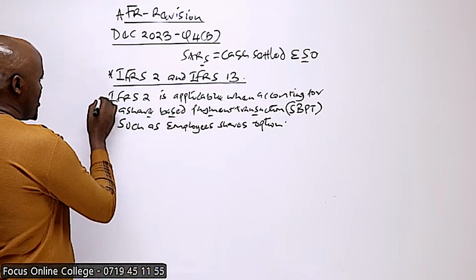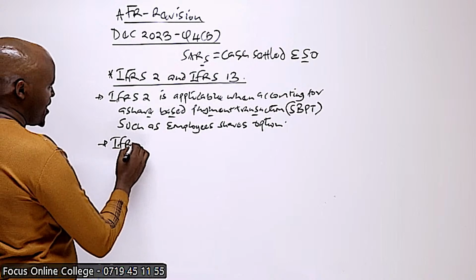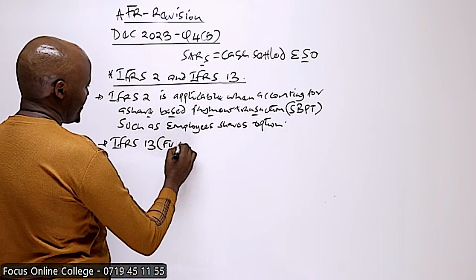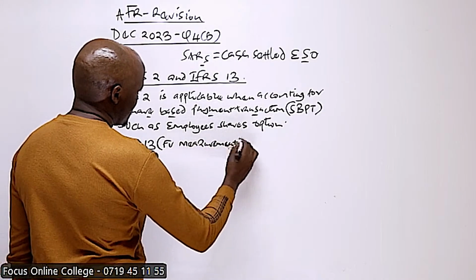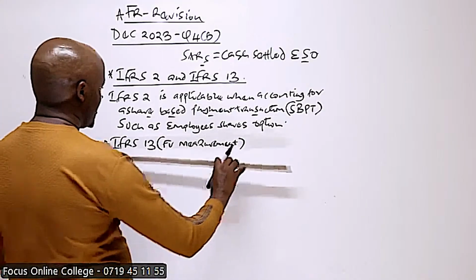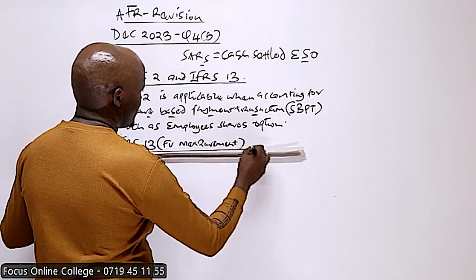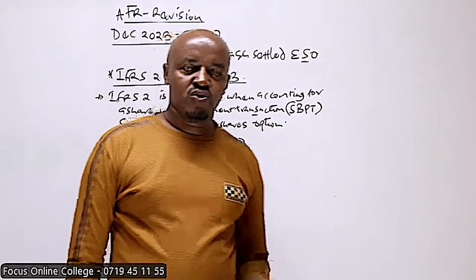So what about IFRS 13? This deals with fair value measurement. Now, this particular standard is applicable where the company wants to measure the fair value less cost to sell of an asset.